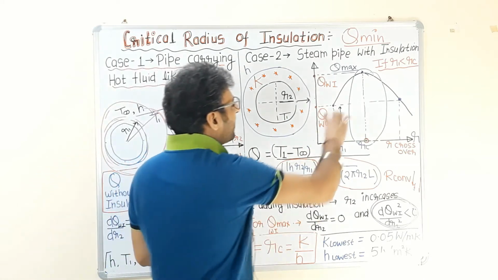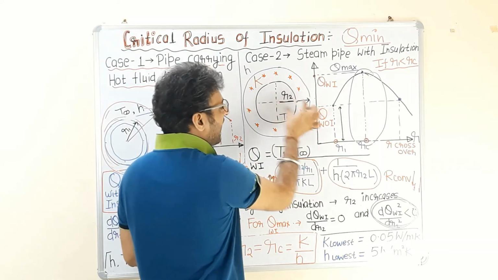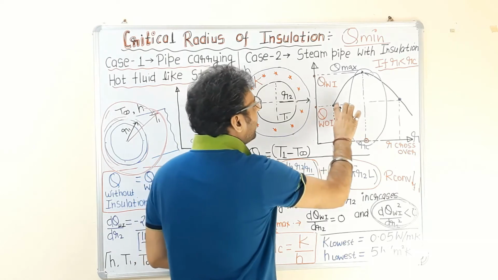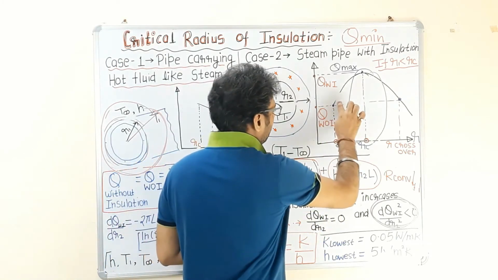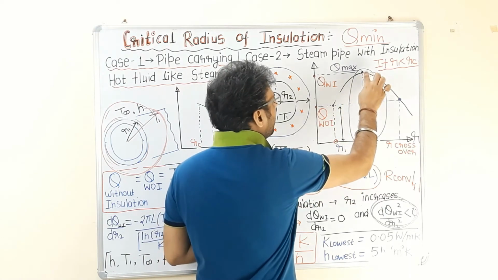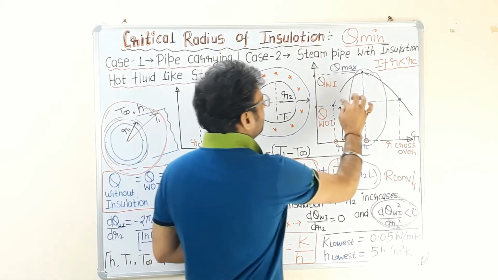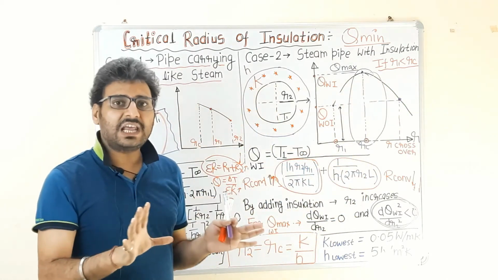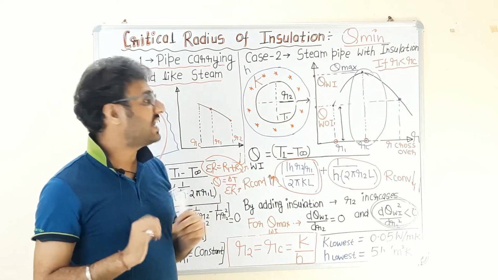Suppose we are given a steam pipe of radius R1 for which the heat transfer rate is this. Now we are adding insulation, and initially the heat transfer rate increases and then decreases. Now see this whole region, we are not attaining our objective. Our objective was to decrease the heat transfer rate.